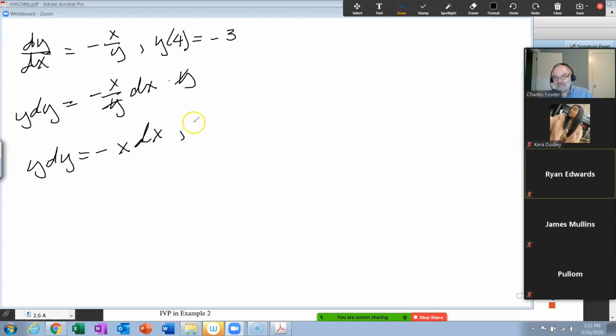with these same initial conditions. I won't write them down. So let's integrate both sides. I'll leave the minus sign outside, and this will be the antiderivative of y dy, y squared over 2 is equal to minus x squared over 2.